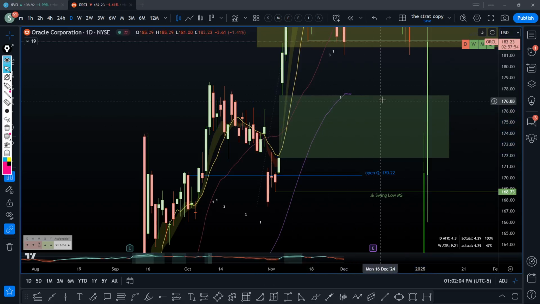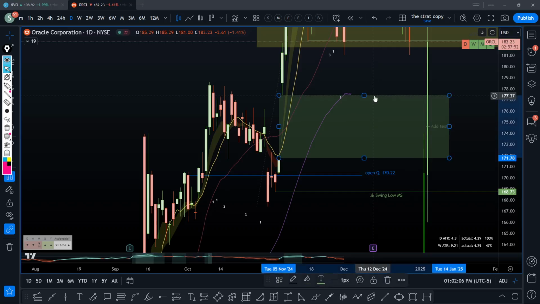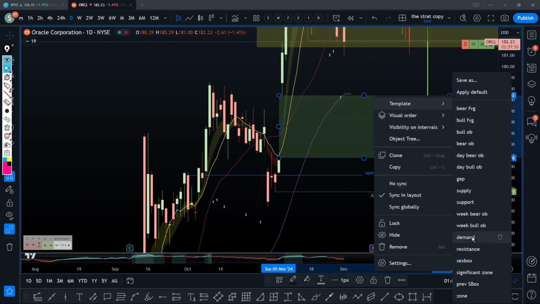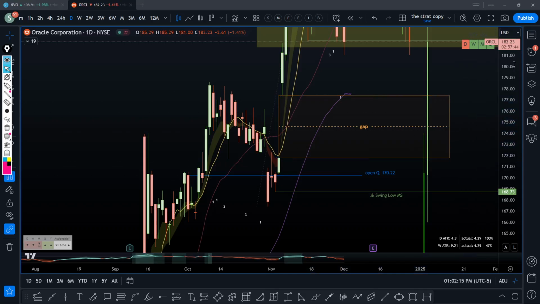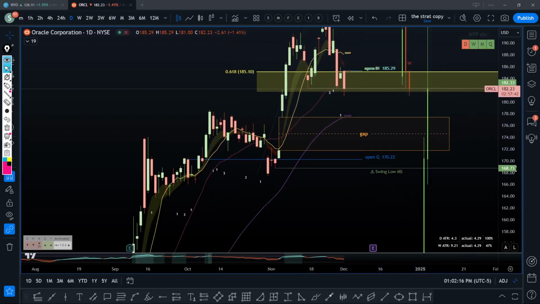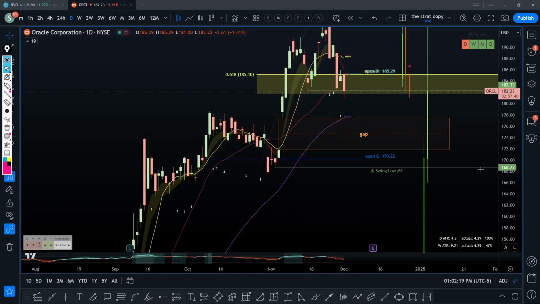So we want to be mindful of those things with Oracle. Wait for it to reverse back to the upside if you're bullish on it. But as of right now, it is consolidating, and it could consolidate more.